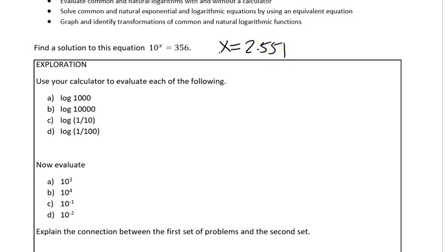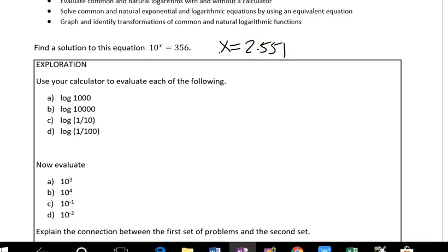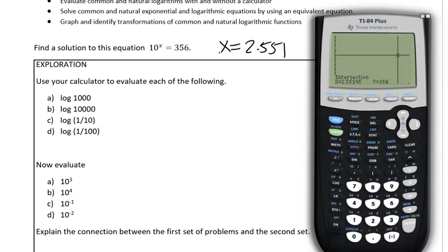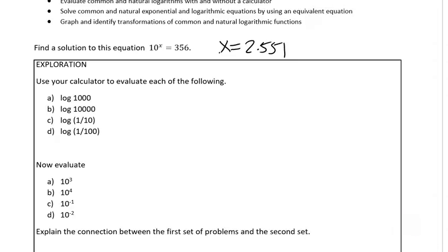We can check that by taking in our calculator 10 to the 2.551 power, and it should be very close to 356, which it is. There's a little bit of round off error there, but that's how it's done. Algebraically, we don't have any way other than guess and check to figure that out. We keep plugging in numbers until we get closer and closer to 356.